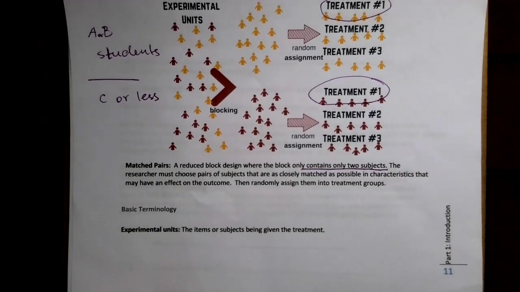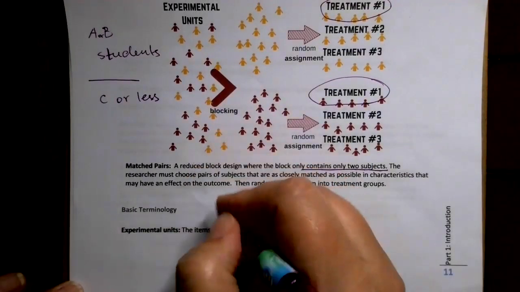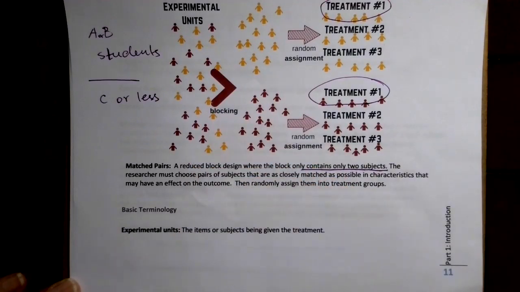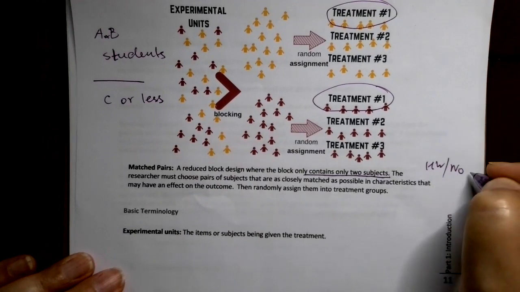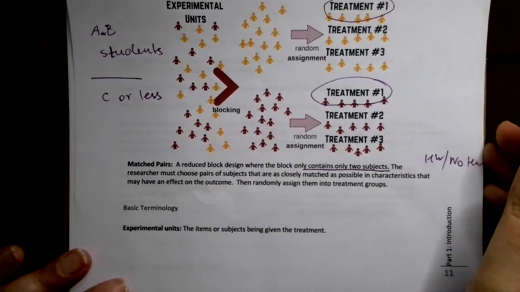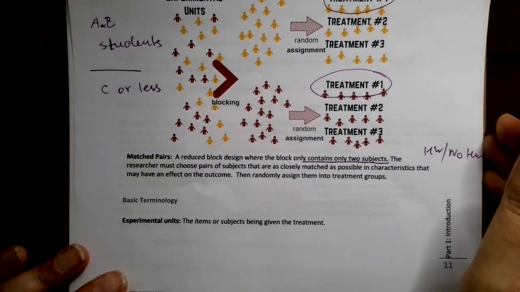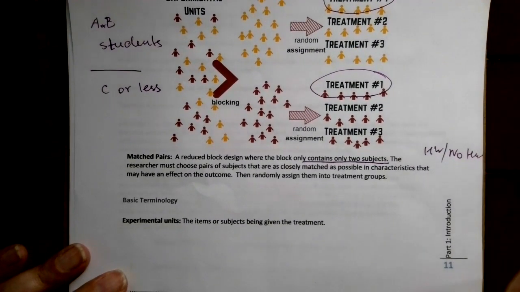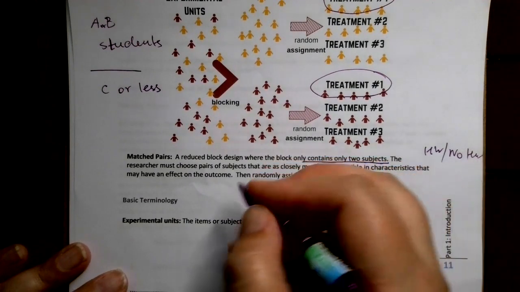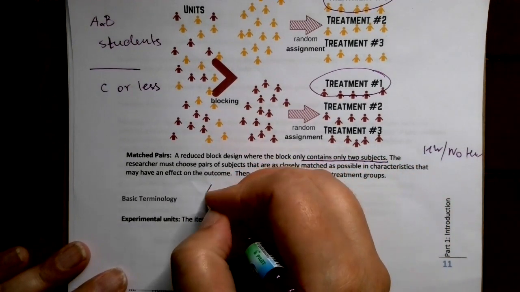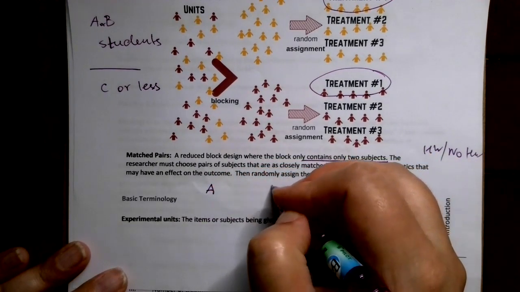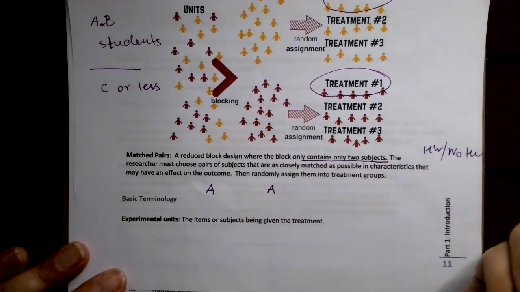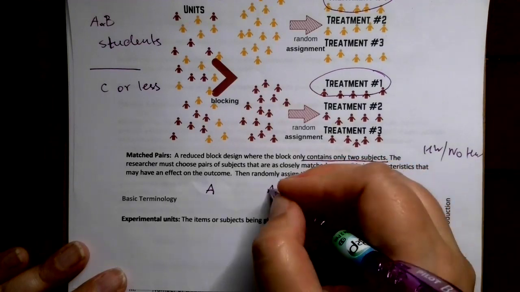So, for example, maybe I want to look into homework versus no homework. So those are going to be our 2 categories, and then I will select pairs of people that are similar. For example, in the first group, I'm going to have a student who got an A on the first exam, and in the second group, I'm going to match that person with another person who got an A on the first exam.